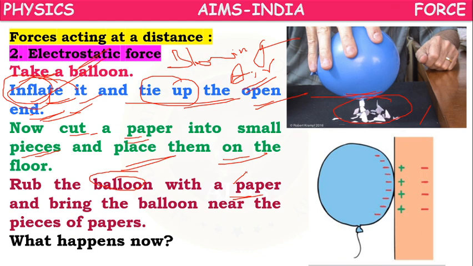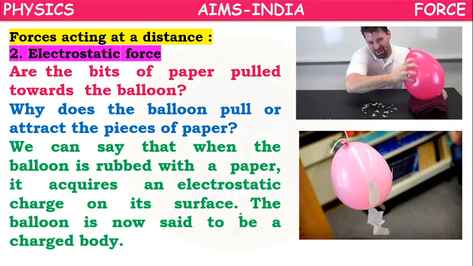We have to rub it for some time, and we have to bring the balloon near the pieces of paper. So what happens when you rub the balloon for some time, on the wall, on the hair, or on another paper, or on a woolen shirt? If you bring it to the pieces of paper, what do you observe?